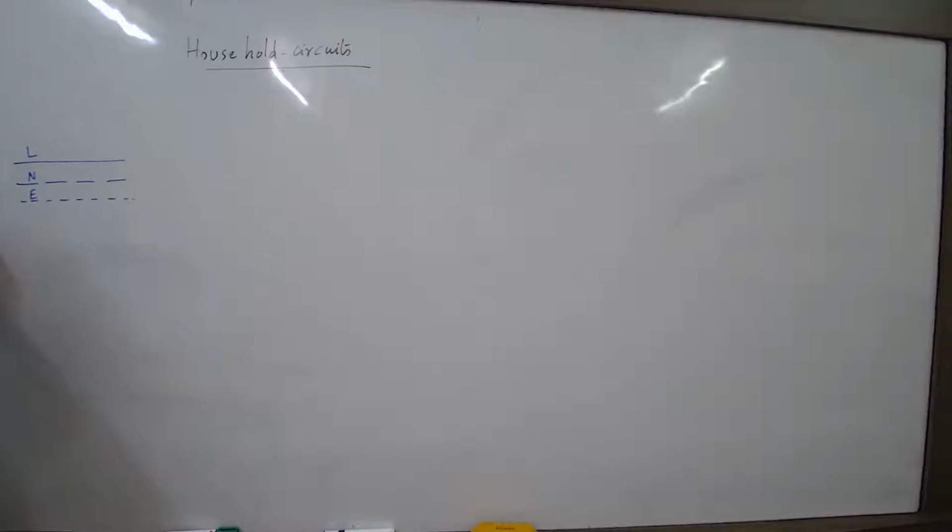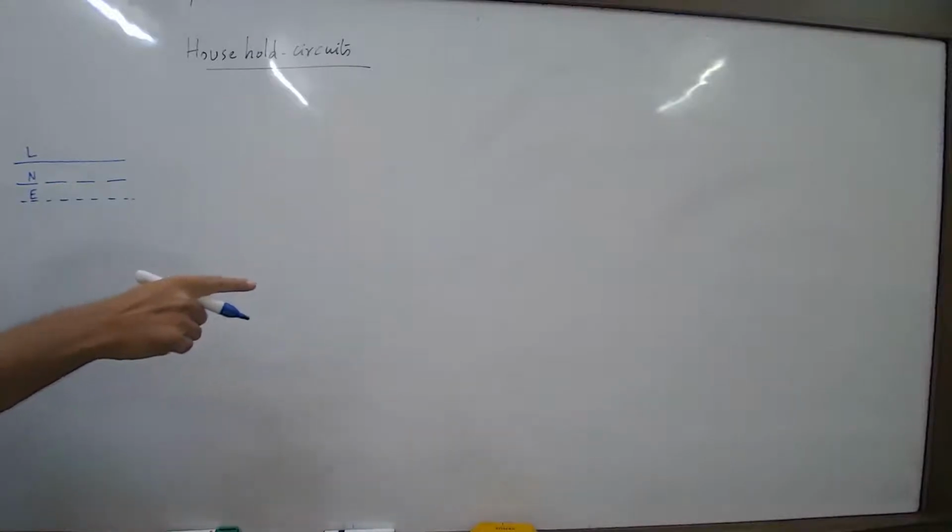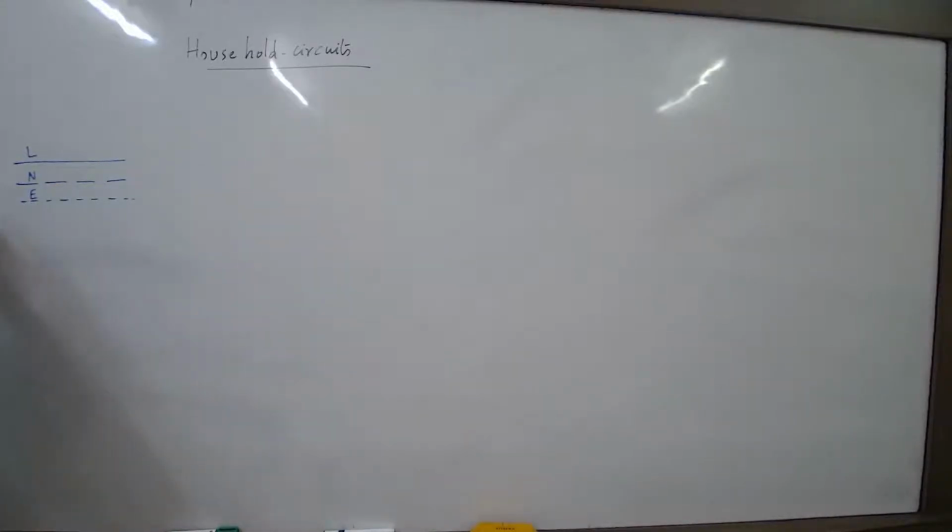Tell me. Distribution box, yes. Did I write board there? No, I wrote box. So distribution box. Board is also okay, but a distribution box is covered, while a board means open. Okay? So from the distribution box.